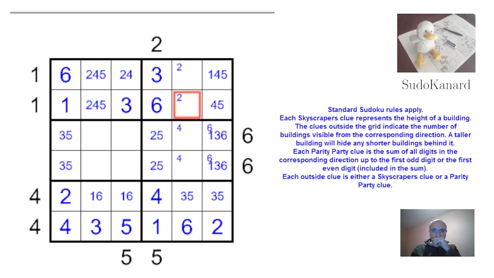And you see that some of the cells have very few options. And a clue of 3 here would be very strong. If I put a 3 here, then this has to be 4, 5, 2.